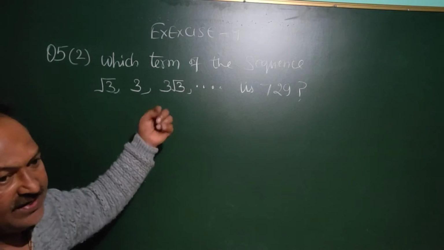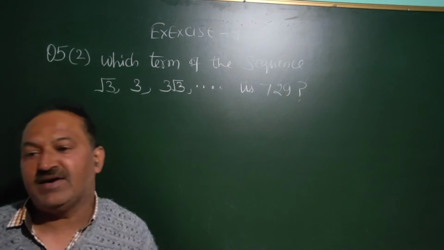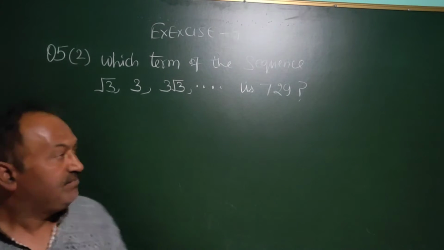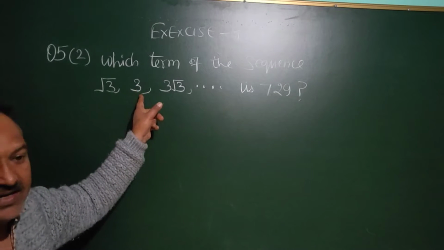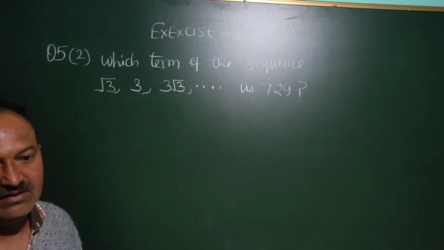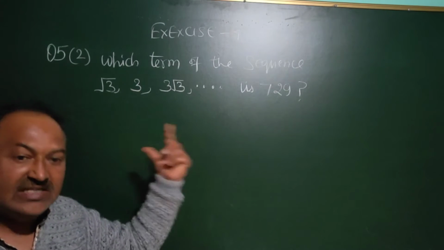It is not an AP because third minus second is not equal to second minus first. But it is a GP because third upon second is equal to second upon first. So first of all, we have to check which sequence this is.